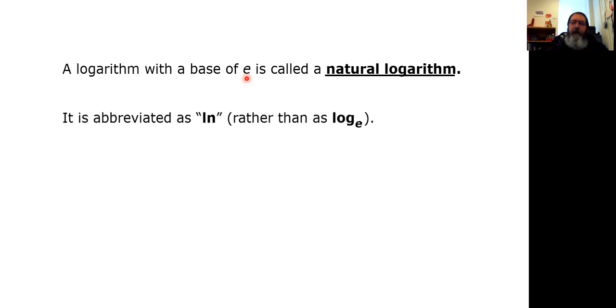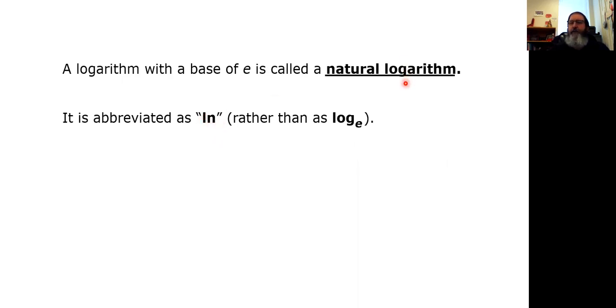So mathematicians had already come up with the idea, hey, let's leave off the 10, so we can just say the log of a number is log base 10 of the number. And natural logs are also something we use a whole lot. And again, mathematicians were looking for a way to be efficient, so they came up with another abbreviation, and the abbreviation is LN. That's a lowercase l, so LN.